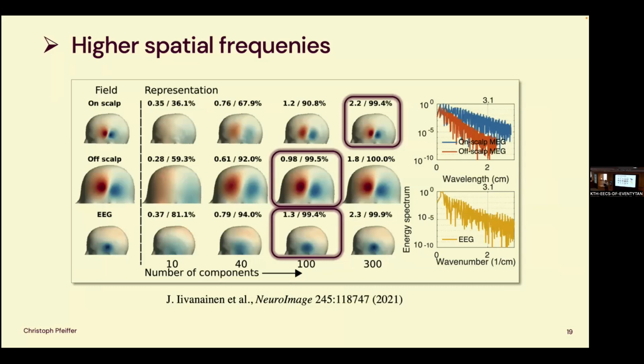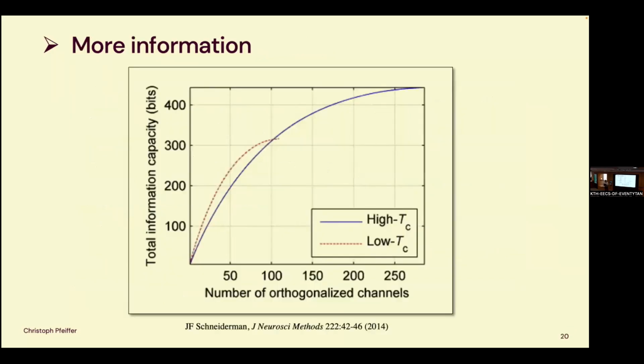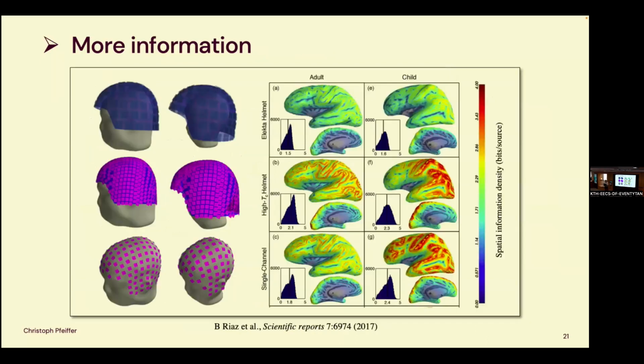Well, what does this mean? So first of all, we can simulate that if we record closer to the scalp or closer to the brain, we get much more information from the brain. We did some work looking more specifically where this information comes from.